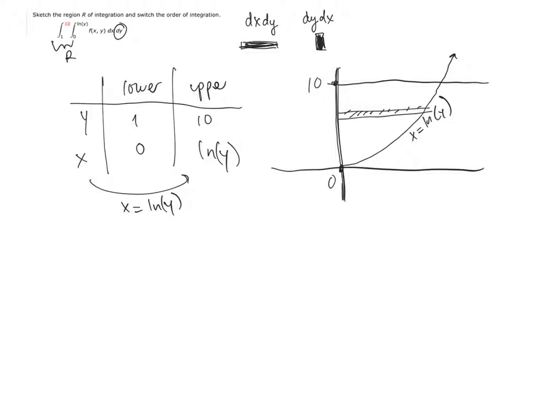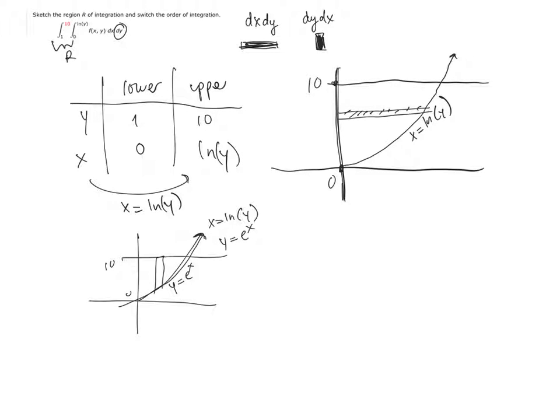So if you were to switch this specific picture here, you will have an equation right here, the line right here, 0 to 10. This line right here is in terms of y, so I'm going to solve it for y. So x equals natural log of y. I'm going to exponentiate both sides, so you get y equals e to the x. So this line right here is y equals e to the x.